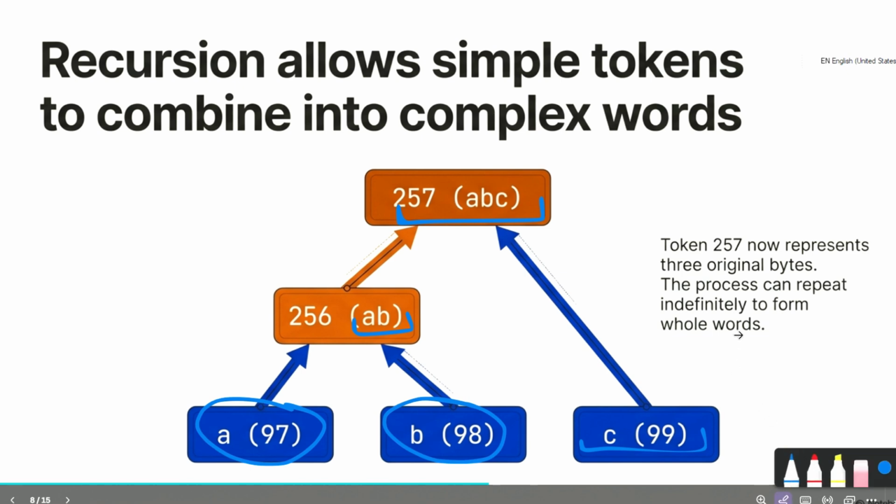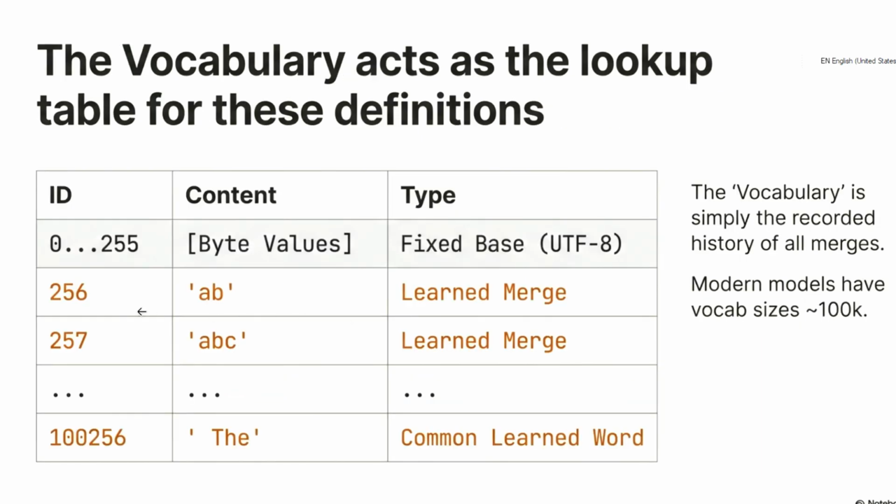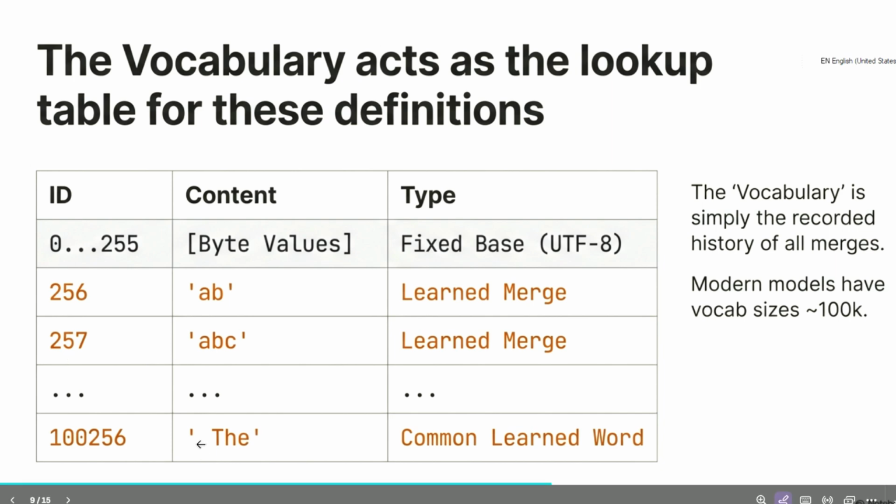Whatever pair occurs together too many times, we will merge it in. So A and B now means 256. Whenever A and B occur together, it will mean 256. Whenever A and B and C occur together, it will mean 257. And whenever a space and "the" occur together, it will mean 100256.